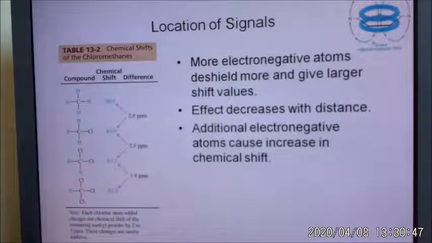It went up another 2.3, so that's 5.3. 3 chlorines, excuse me, I say carbons. 3 chlorines on here moves that chemical shift up. It's downfield at 7.2 ppm. Okay, so all of those add up and cause additional decreases in electron shielding, and so it shifts it far downfield.